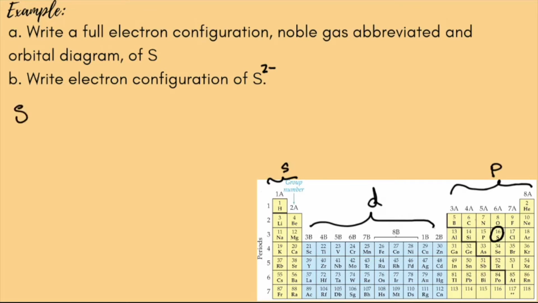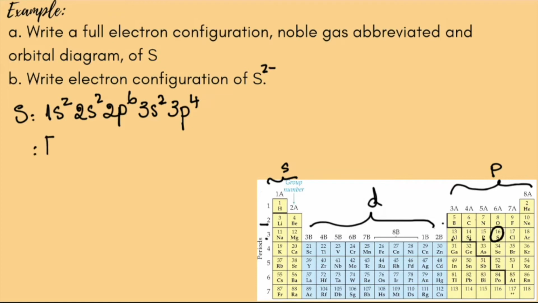For sulfur, we can do 1s2 and then 2s2, 2p6, 3s2, and then sulfur is right here, so we're going to get 3p1, 3p2, 3p3, 3p4. So we will have 3p4.